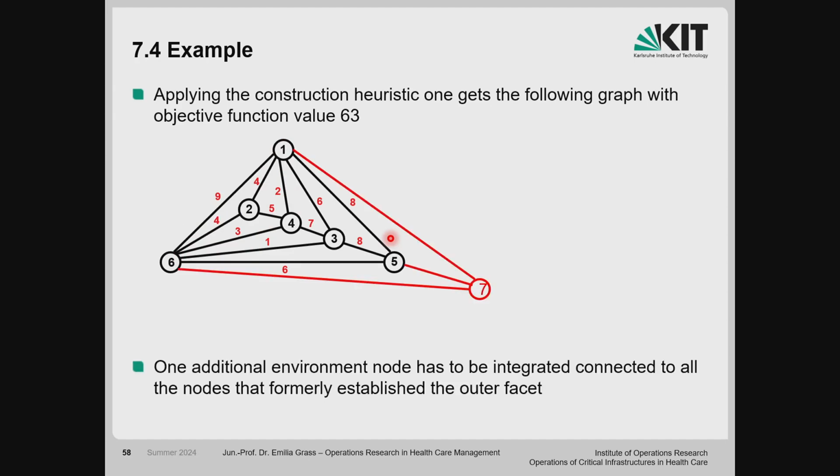Of course, we need an additional node, a so-called environmental node, that is exterior for technical reasons, that now has the task to get an outer facet. So we have an outer facet, we have all the inner facets, and the whole polyhedron is made up of different triangles.